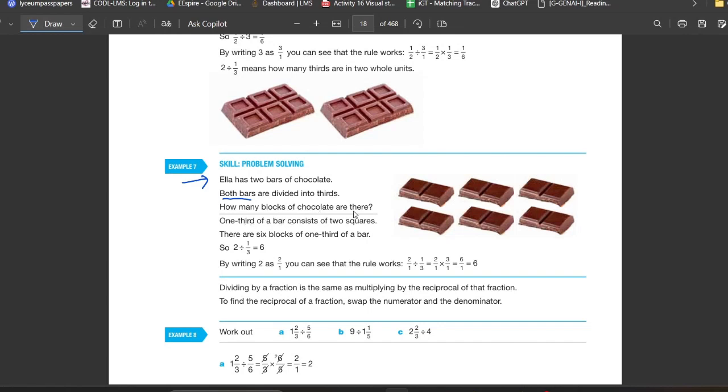How many blocks of chocolate are there? 1/3 of a bar consists of 2 squares. And there are 6 blocks of 1/3 of a bar.